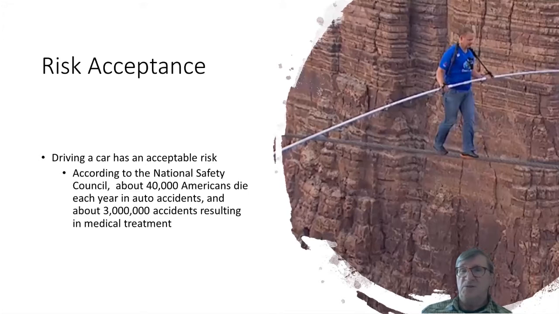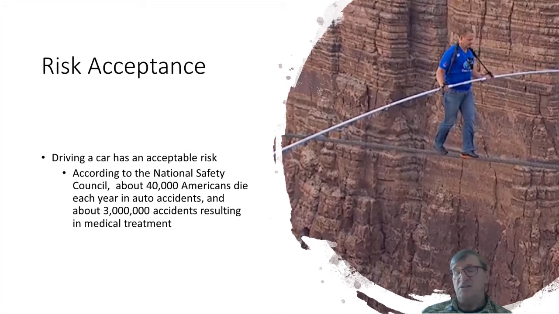So risk acceptance. Everything we do, we do some sort of risk analysis, whether we realize it or not. So, for example, driving a car, 40,000 Americans die every year in car accidents, and 3 million have to get medical treatment.